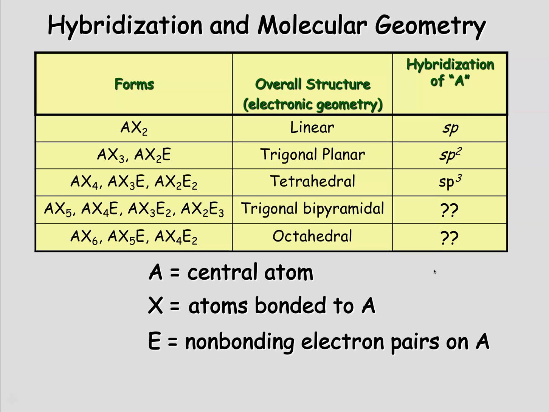AX4, four things around the central atom, is sp3 hybrid. There are four sp3 hybrid orbitals to bond with four things in AX4, or have a lone electron pair. These hybrid orbitals have the ability to move around and go anywhere within the molecule. That's why when we start adding lone pairs, we get different bond angles than when there are no lone pairs on the molecule.